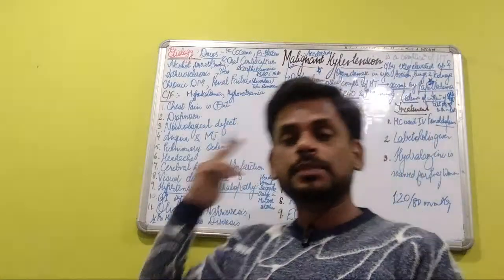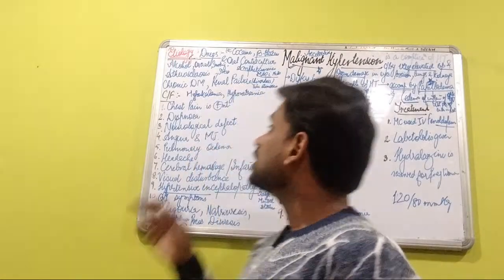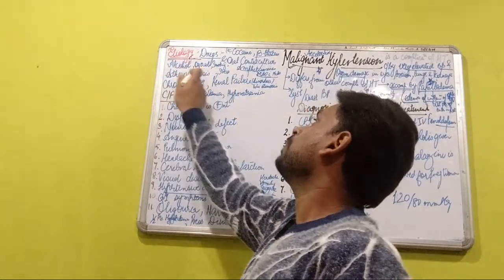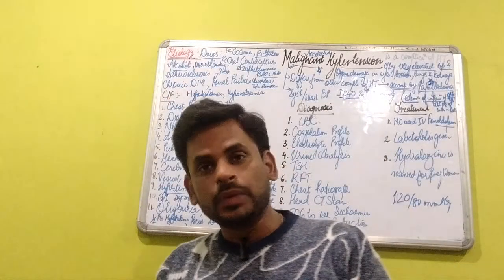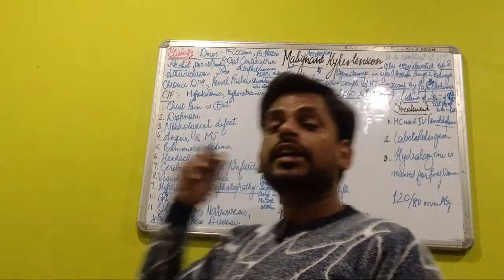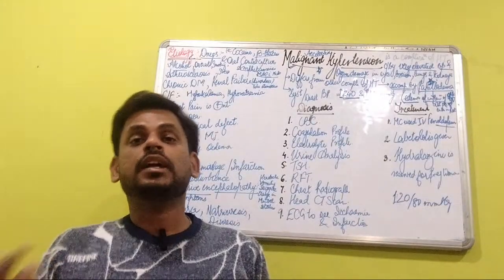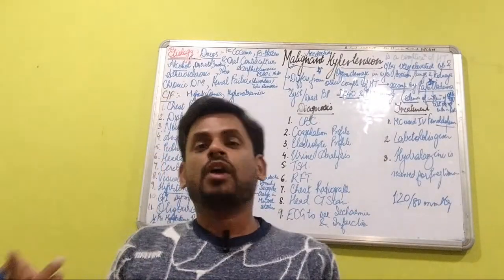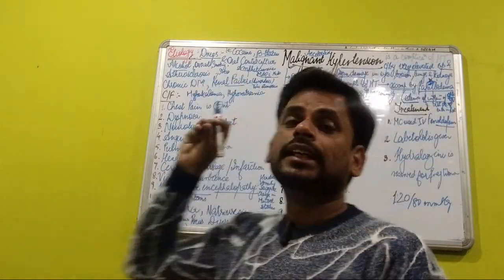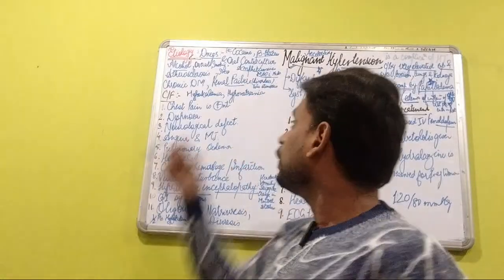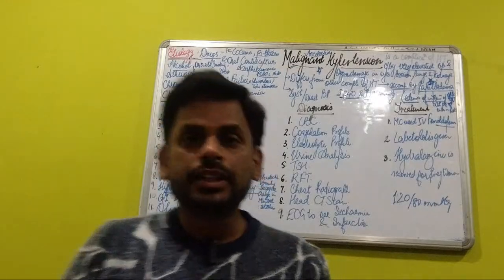Apart from this, malignant hypertension can be seen in overweight or obese patients, and patients who are in the habit of consuming alcohol and smoking. Apart from this, stress, atherosclerosis, and chronic diabetes mellitus. So malignant hypertension can be seen in patients who have a long history of diabetes. Apart from this, in cases of kidney disorders such as renal arterial stenosis, this malignant hypertension can be seen.